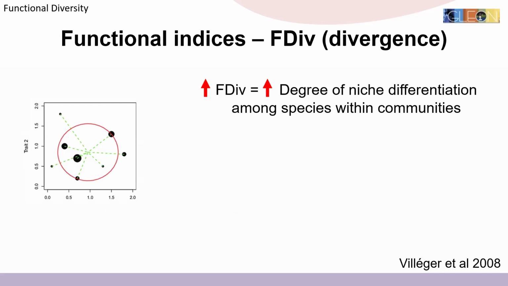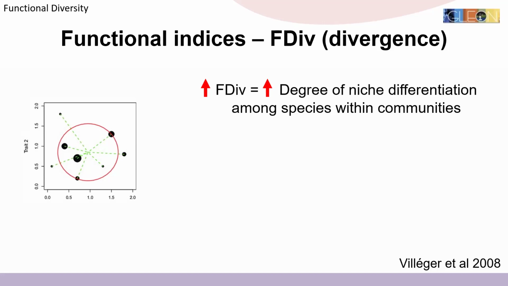If they are close to the center, because this index is calculated like a gravity center, we are going to observe a lower functional divergence. And it means that we have a prevalence of traits and species. The more abundant species are like pulling the abundance to the center of this gravity that is calculated based on the distance in the multidimensional space.